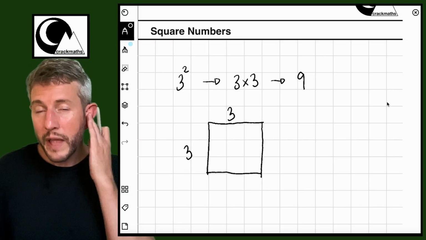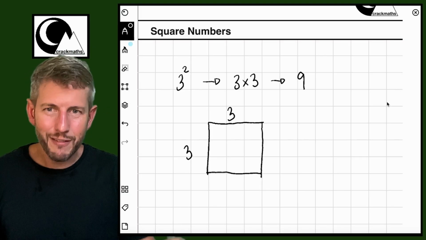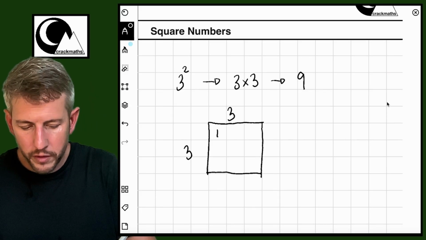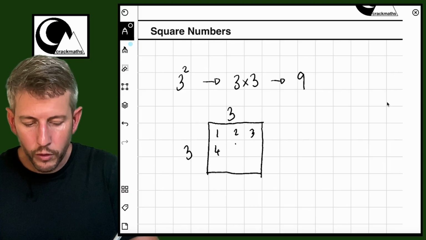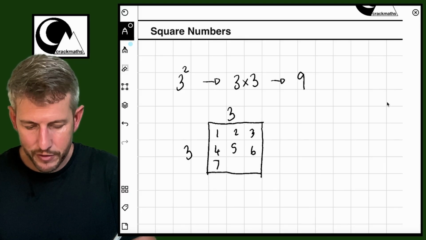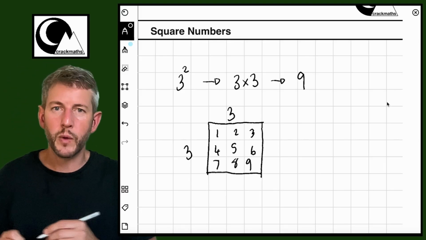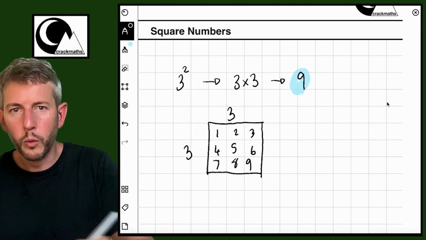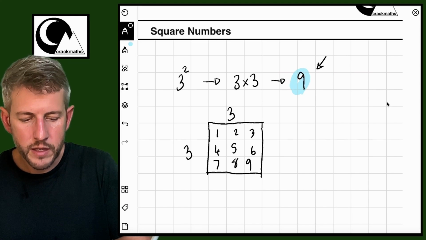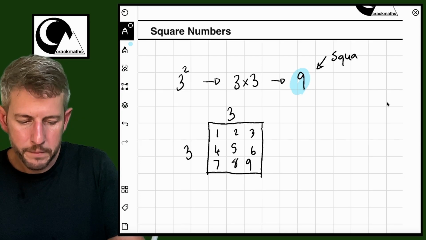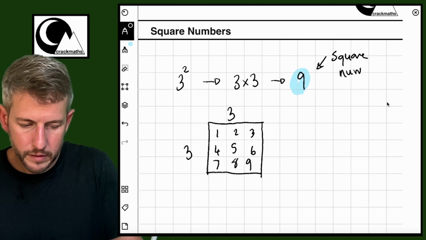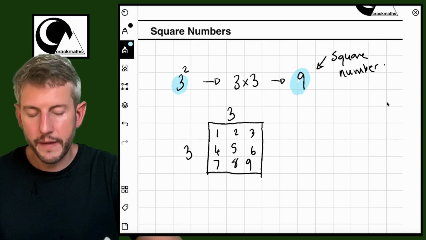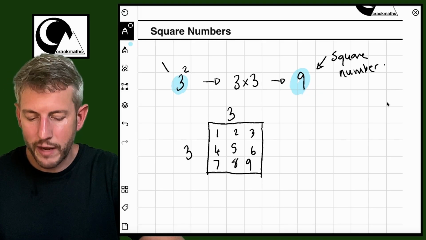Well, when we have the length 3 and we square it, when we turn the length 3 into a square, we end up with 1, 2, 3, 4, 5, 6, 7, 8, 9 squares. So 9 here is what we call the square number, and this 3 over here is the square root.